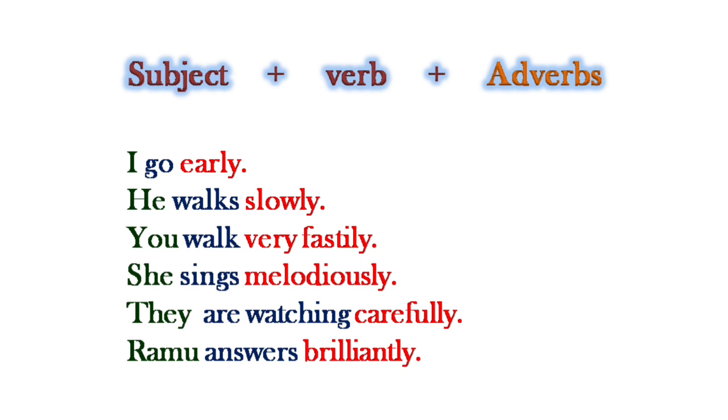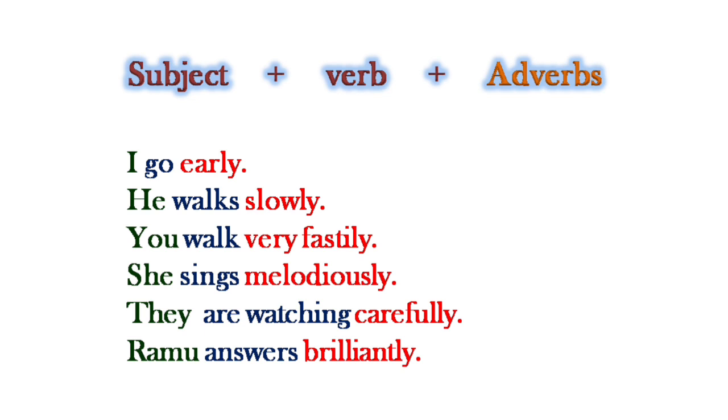I come quickly. You go fastly. You write neatly. You sing beautifully, or you sing melodiously. Come quickly. He comes quickly. Ramu goes early. Ramu writes neatly. Sandhya eats quickly.